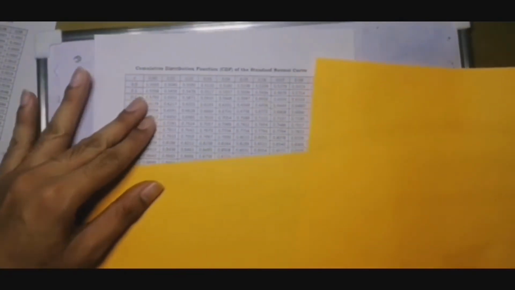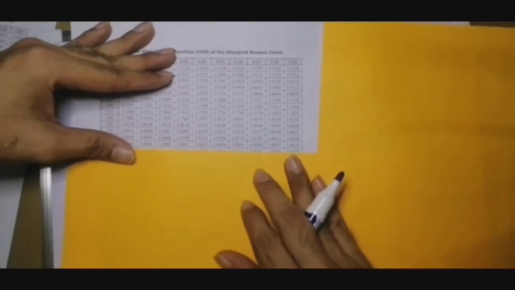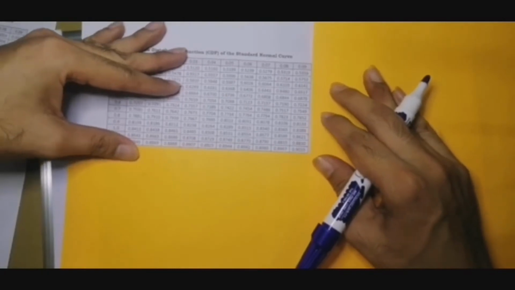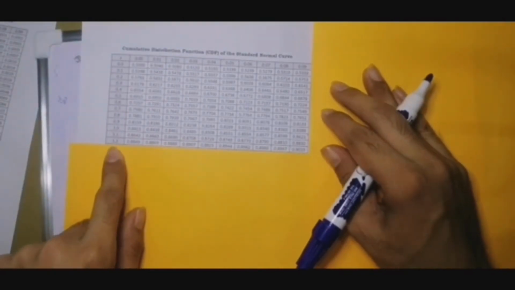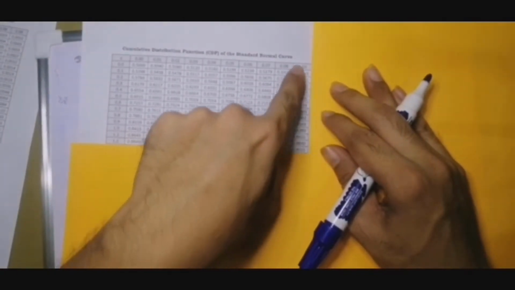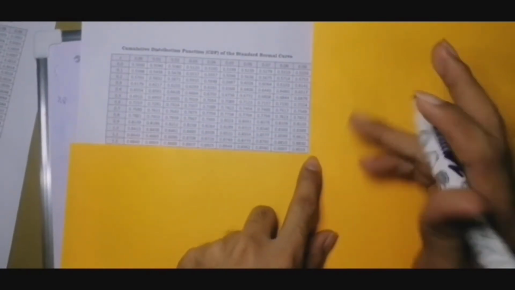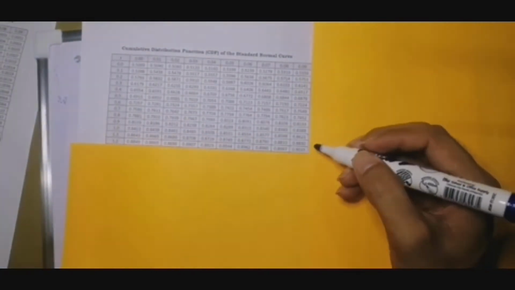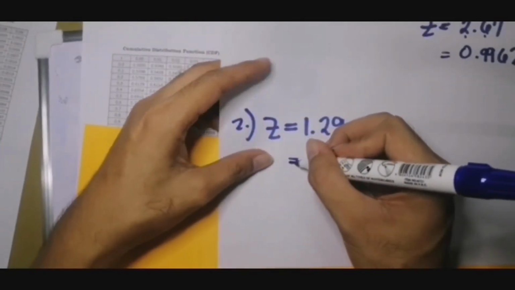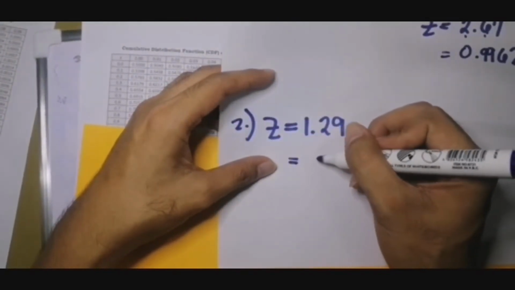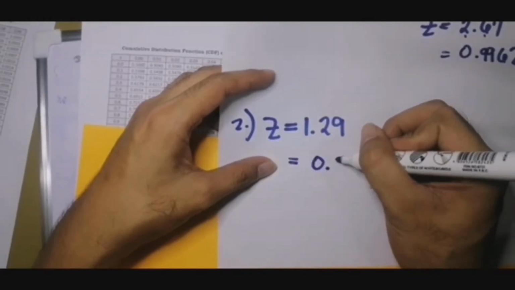So, unahon 1.2, then asa man ang 9. Di ara. So, 1.2, then 0.09 karina 9. So, ang ilang intersection kani. So, sa ato pa, ang area di ay anang 1.29 is 0.9015.